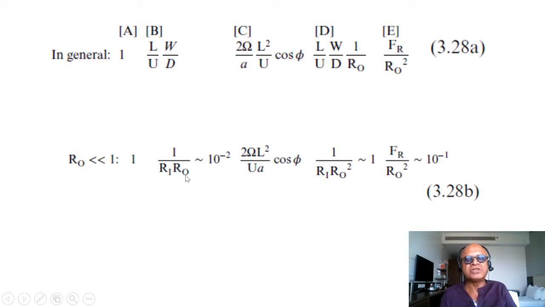Then you have Richardson and Rossby numbers resulting in order 10 to the minus 2. The 2 omega L squared over U A cosine phi term depends on what motion you are considering, and then this is again the Ri times Ro squared term, and then the Froude number divided by the Rossby number squared term.